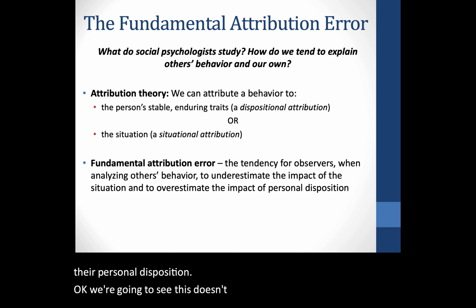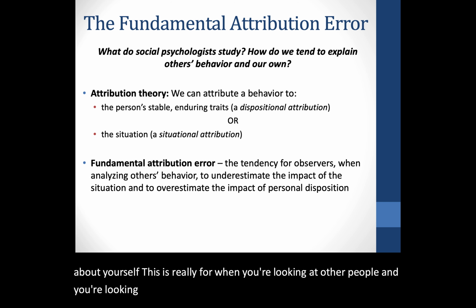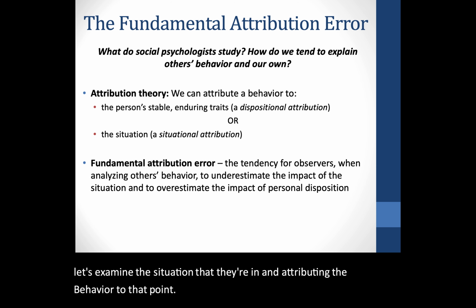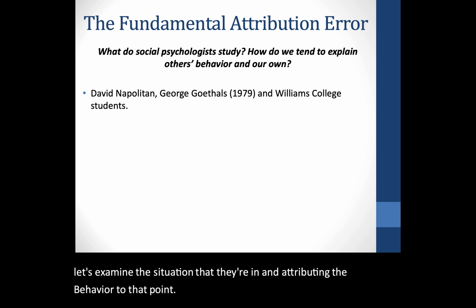You're more likely to say, oh, that's just the way that person is. That's just their personality. That's part of them. Rather than, well, let's examine the situation that they're in and attributing the behavior to that, right? So the fundamental attribution error, right, we're more likely to attribute a person's dispositional traits rather than the situation to their behavior.